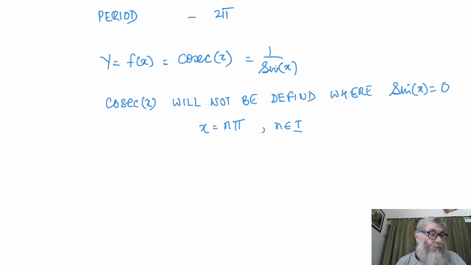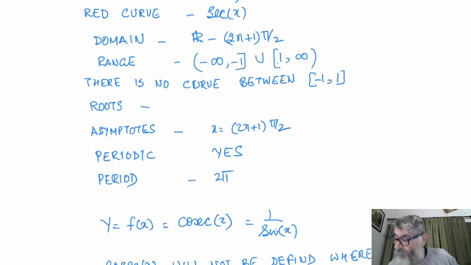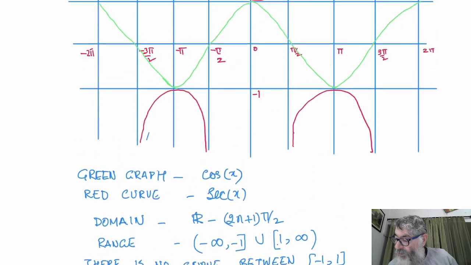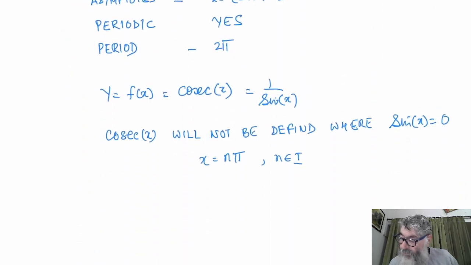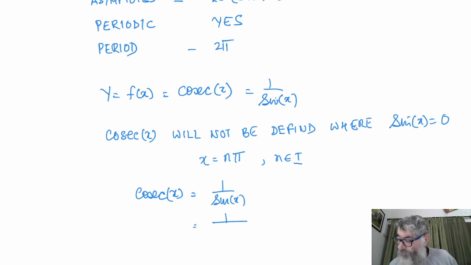Okay. Now let us take the next. Cosec x is equal to 1 upon sine x, and 1 upon sine pi by 2 is 1 upon 1, so it is 1.